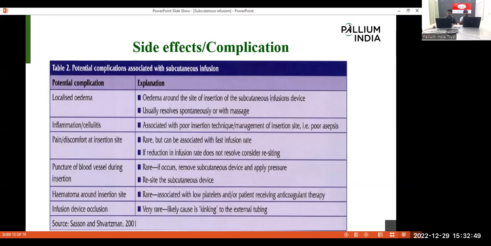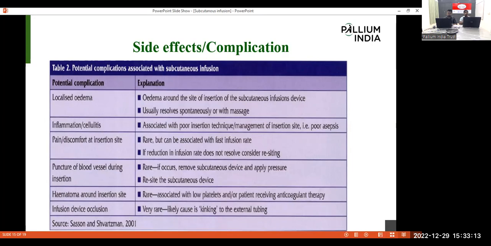Bleeding means just blood-tinged fluid that we can see in the tubing of the SC set. If we face such a situation, we need to remove it. We can't continue the subcutaneous infusion in that area. We need to remove it and resite. We need to select another site for the insertion and for continuing the infusion or injection.